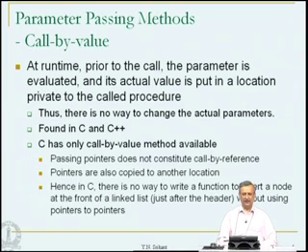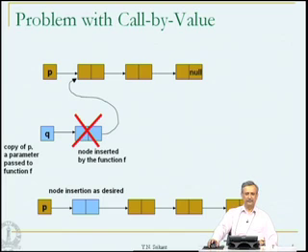So, therefore, in C there is no way to write a function which inserts a node at the front of a linked list just after the header without using pointers to pointers, that is double pointers. We will see this in the picture here. So, here is the original linked list, right. We assume that we have a function which is passed this header as a parameter.